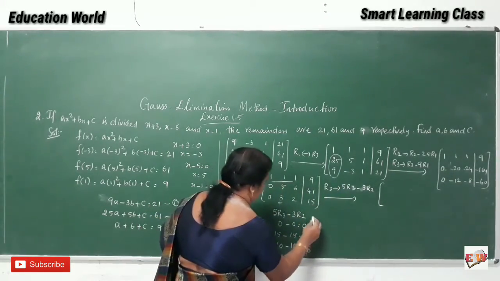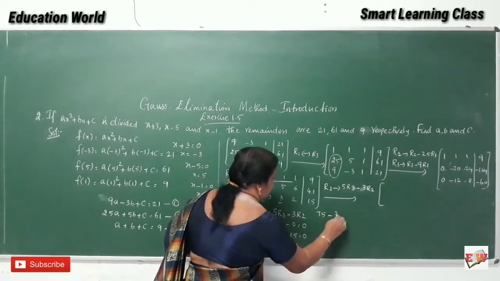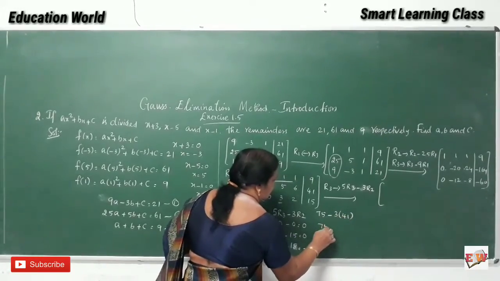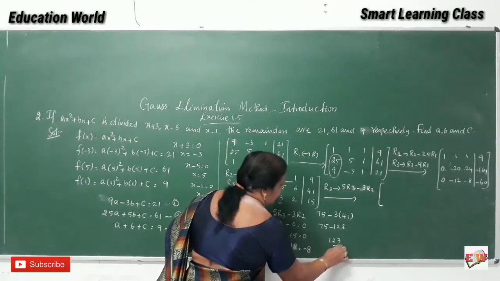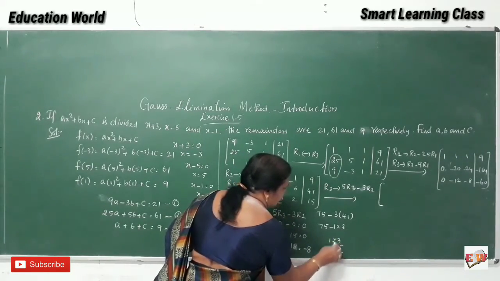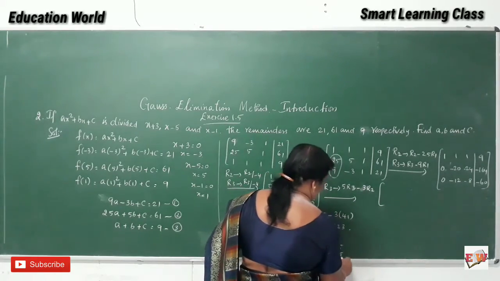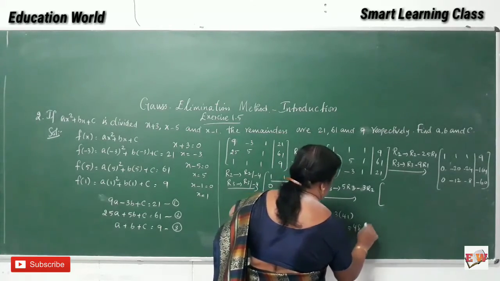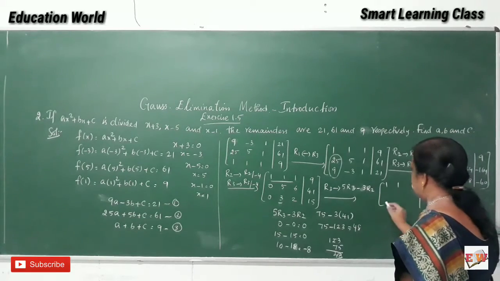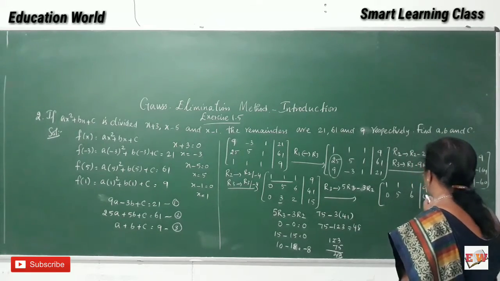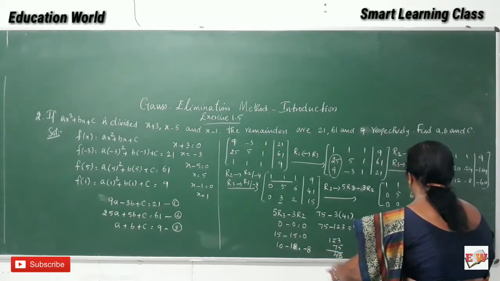For this, 5 into 15, 75 minus 3 into 41, 75 minus 123, minus 48. Just to transform these things: 0, 5, 6, 41, 0, 0, minus 8, minus 48.